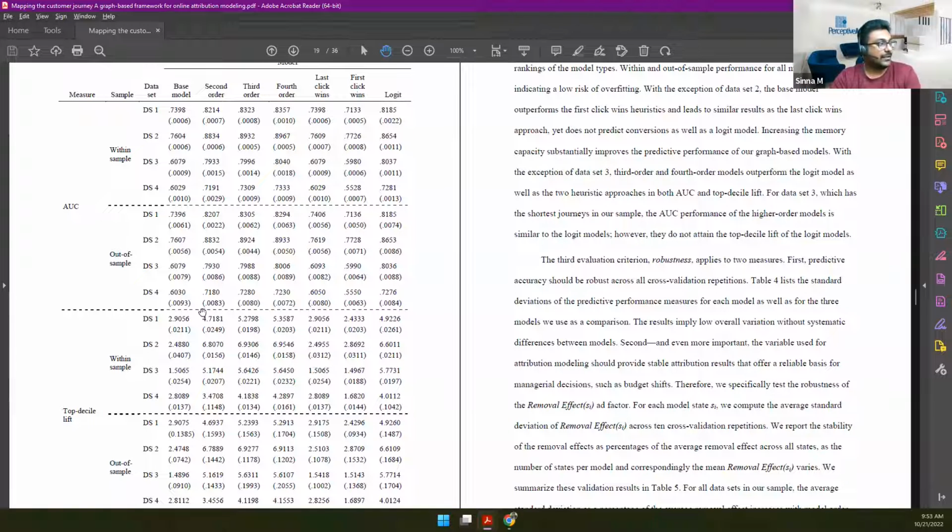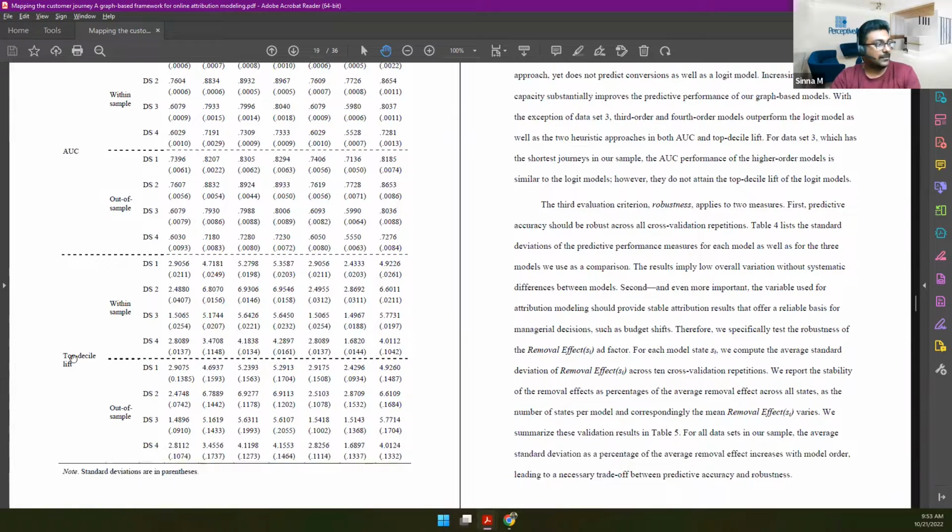All right. So if you look at this, it is 0.73, 0.82, 0.83, 82, 74, 73, and 81. So basically here it is third order is higher, 0.83, and so. And this is top decile lift, and this is also another metric that you can use similar to AUC. So here you just take a look at the first 10% of the data alone.